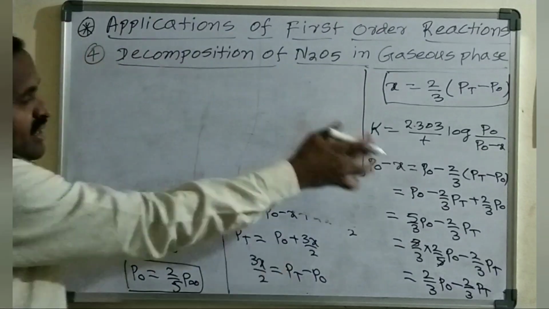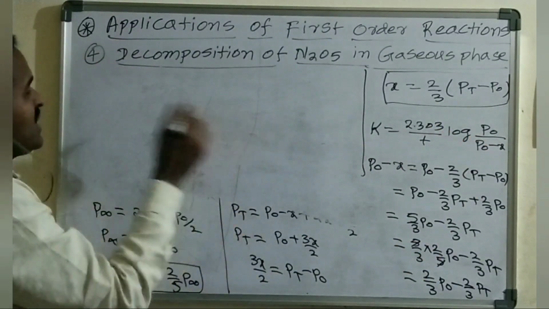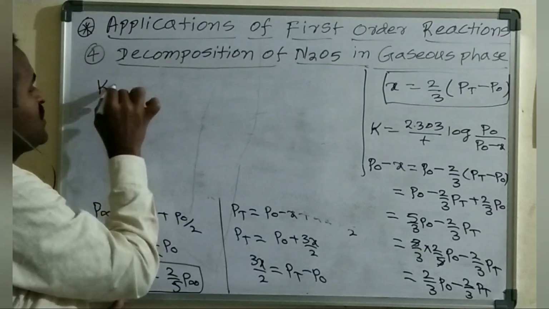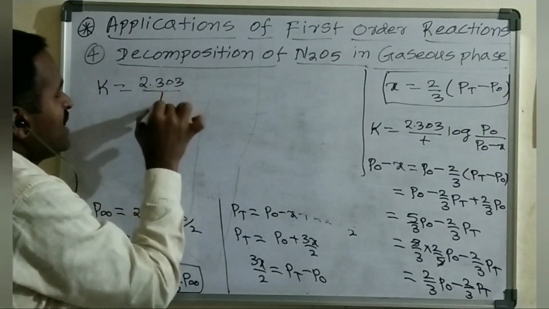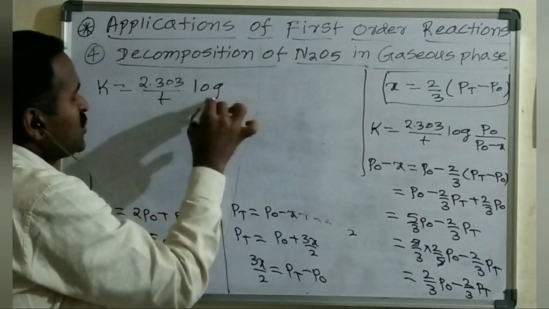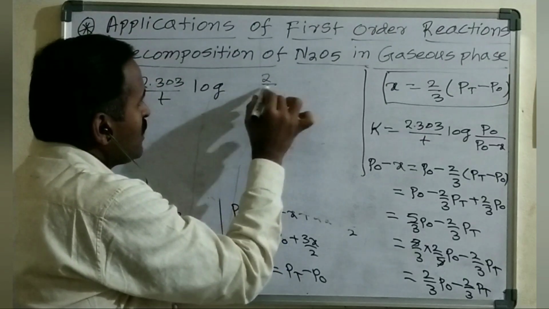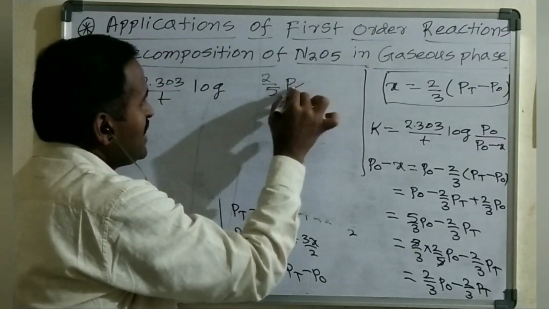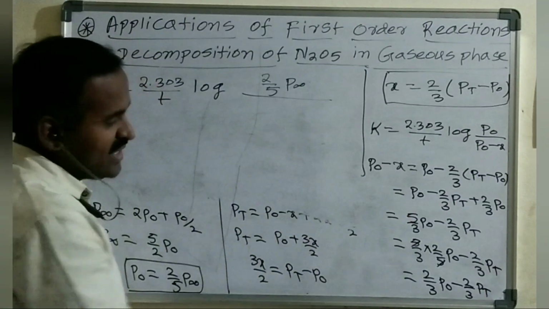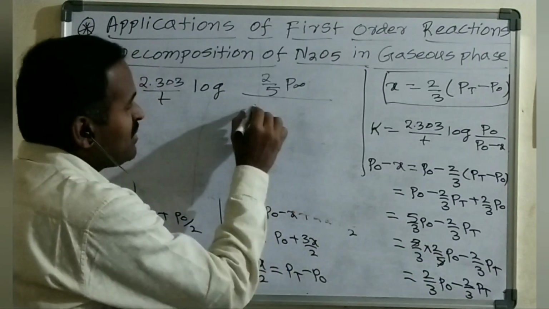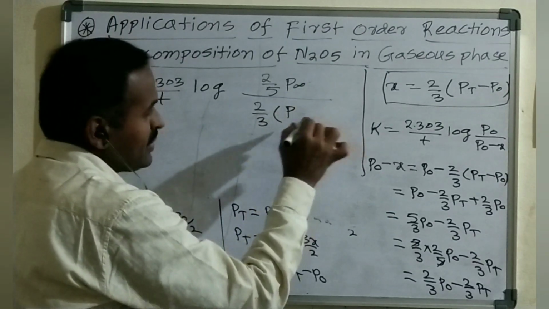Now substitute the P naught and P naught minus x values in the rate constant equation. k equals 2.303 divided by t log, instead of P naught I can write 2 by 5 P infinity, divided by the P naught minus x value, which is 2 by 3 P infinity minus 2 by 3 PT, taking 2 by 3 common in both.